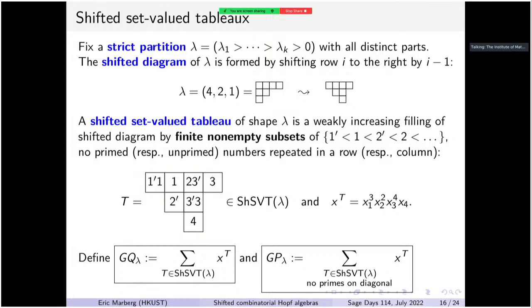So you can make some sense of it. This operation is sometimes called superfication or something. There's some natural operation that turns a set-valued tableau into a shifted set-valued tableau. But it's not so simple. Yeah, okay, thanks.